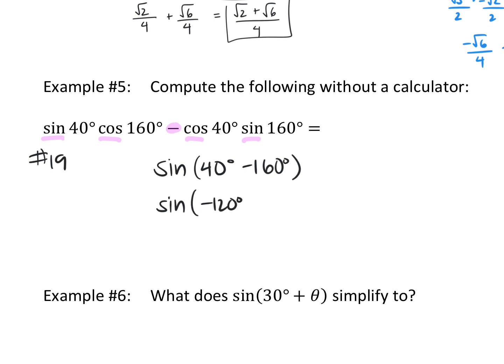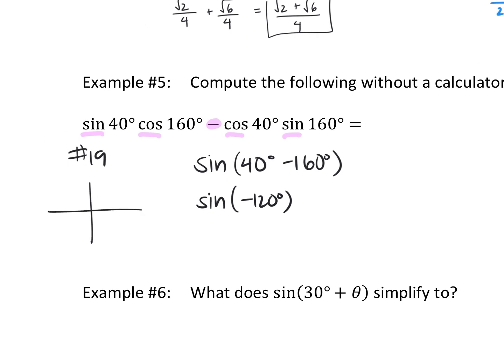Negative 120 degrees. So there's two ways you can think about this. If I have my unit circle, I could start here and go negative 120 degrees to figure out what that value is. Or you could use your number 12 property, which makes it negative sine of 120 degrees.